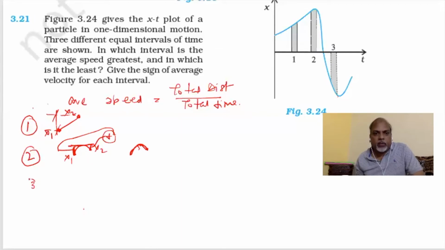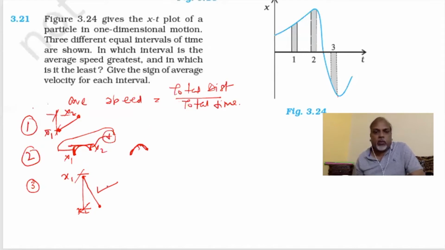In case of 3, it is basically like this. Here again, this will be x1, this will be x2, and this will be basically the distance. So this distance is more. Here the total time for each one is the same, so it depends on the total distance.